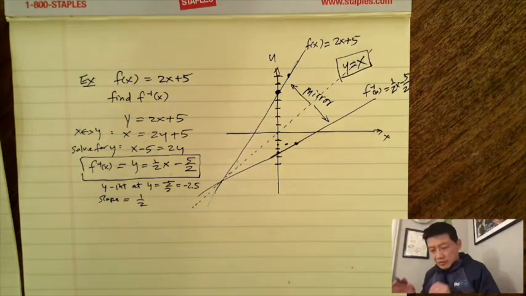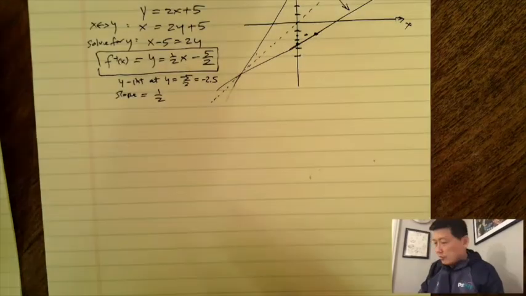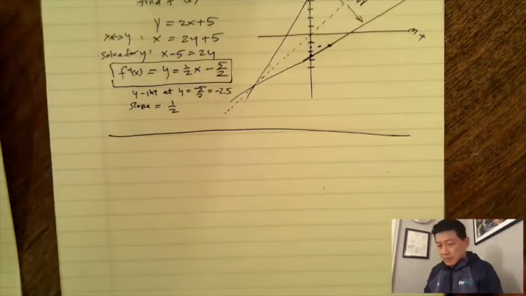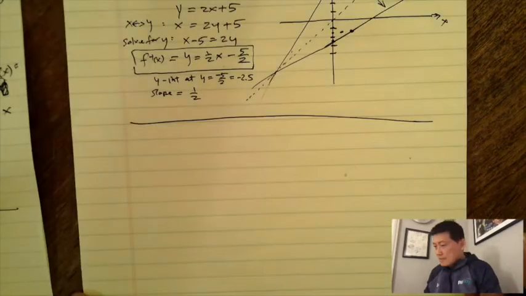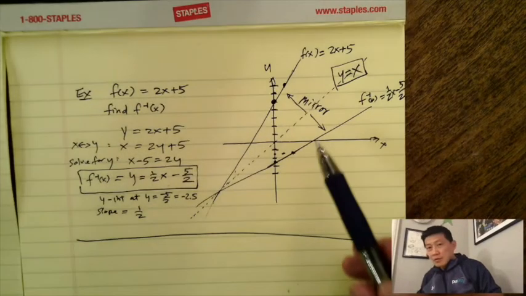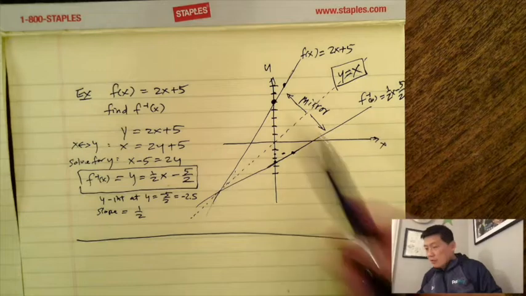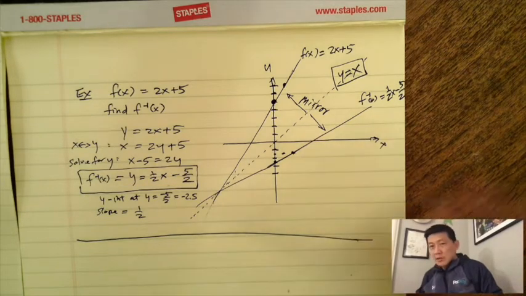So this is a distinct property of inverse functions. We're going to test out this idea to see if indeed it is a mirror image. Inverse functions are a mirror image along y equal to x.